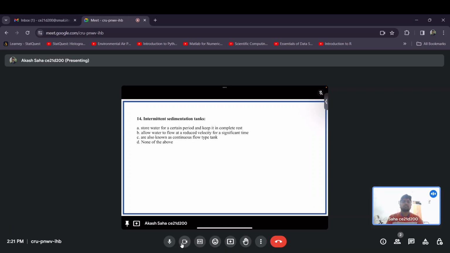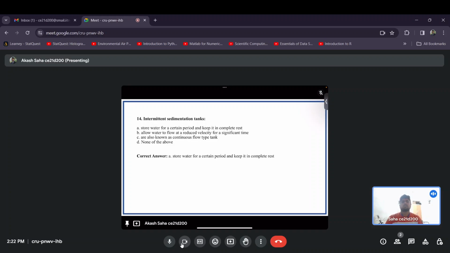As the name suggests, it is used intermittently in treatment plants. The intermittent sedimentation tank is used to store water for a certain period and it is kept in complete rest. So there is no flow, so there will be no velocity. So option B is incorrect, and it is also not a continuous flow type tank.